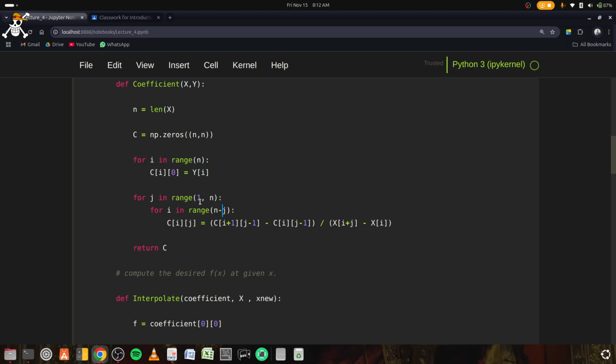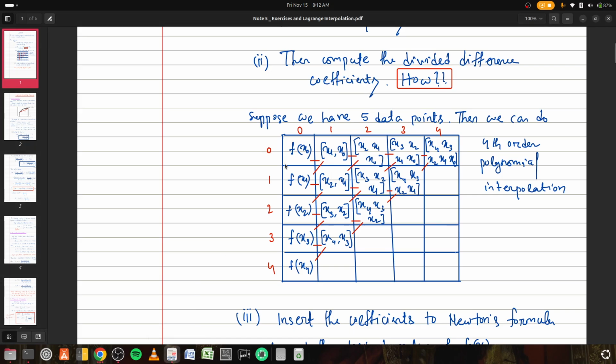So for the 1 to nth column, update the values of rows, and the row index i goes from 0 to n minus j. Why this 0 to n minus j? Because as you can see here, the row values in a column are not completely filled.